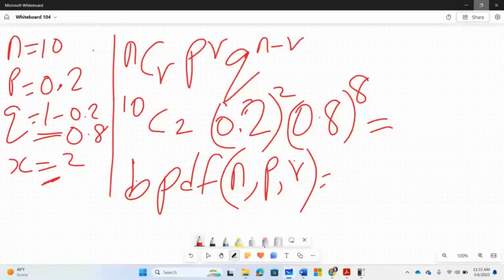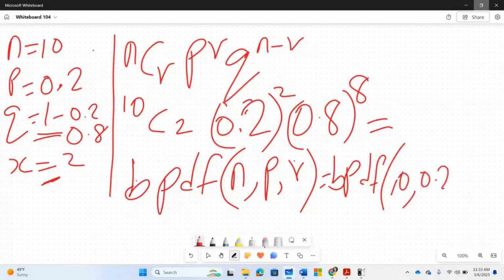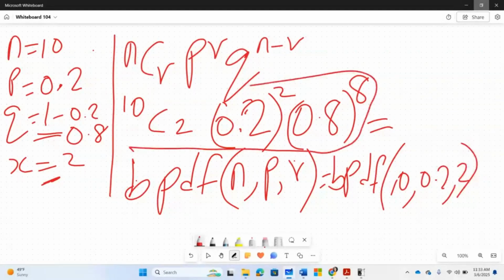Binomial PDF: sample size is 10, comma, success is 20%, and the number at a time, which is the random variable, is 2. I'm going to evaluate this one and also evaluate this one.